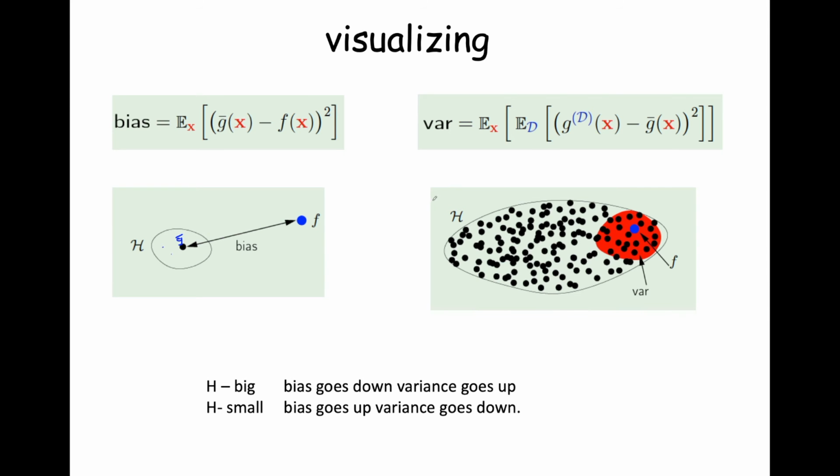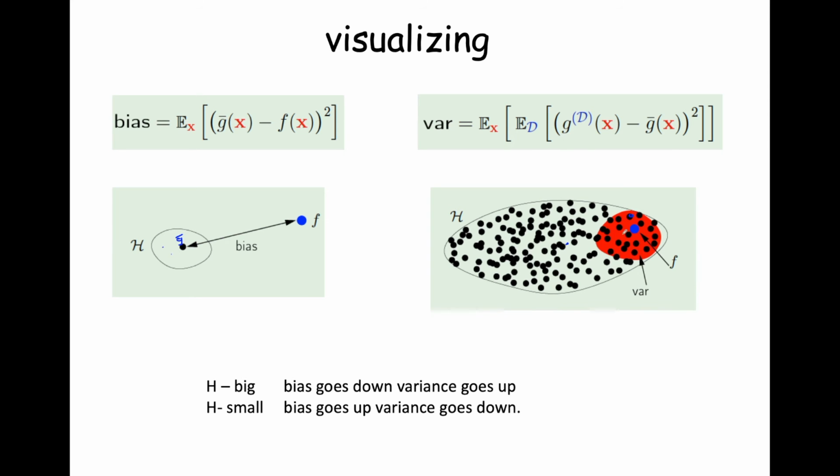If we direct your attention to this figure on the right, here our hypothesis set is really big. And let's say it's so big that our ground truth target function is inside of this hypothesis set. And what we see then, we have many different choices for selecting our final best hypothesis. If you select a final best hypothesis g for one instantiation, maybe it's over here.